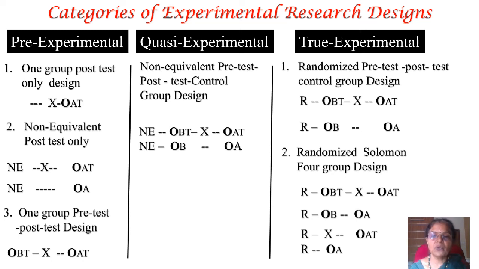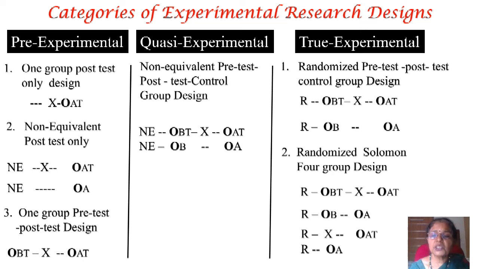There is no control group. So no randomization also. So two conditions are missing. Randomization is missing and the control group is missing. Only pre-test, post-test are there. The third design, look at the figure. So this is also one of the examples for pre-experimental designs.